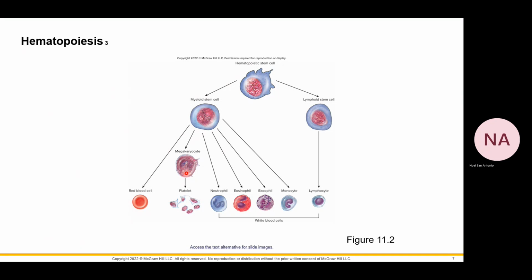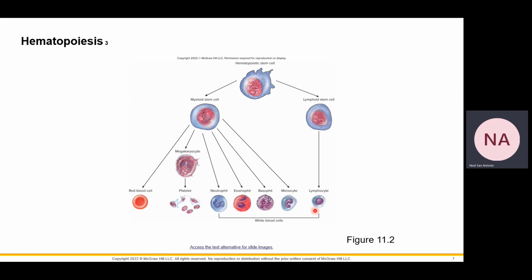And as I have said earlier, myeloid stem cells also differentiate into the first four types of your white blood cells. What are those? Your neutrophils, your eosinophils, your basophils, and your monocyte. Only one type of white blood cell develops from a lymphoid stem cell, which is your lymphocyte.